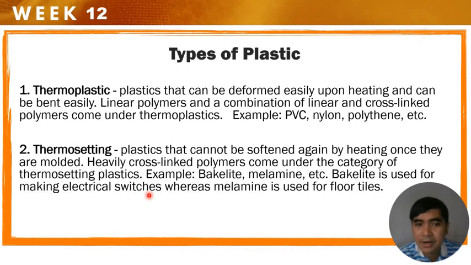So examples are bakelite and melamine. What is bakelite? It is used for making electrical switches. If you observe the electrical switches in your house, you can observe that they are brittle, and they cannot be molded into another shape or gain new dimensions after they have been heated because of their brittleness and hardness.